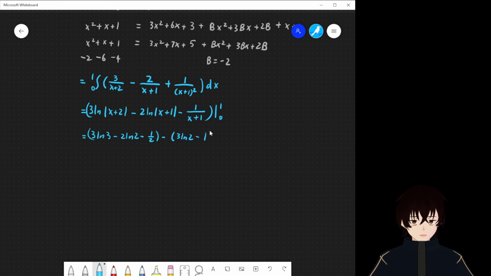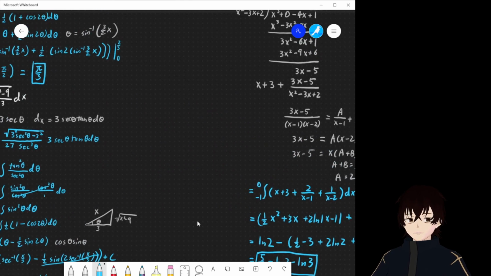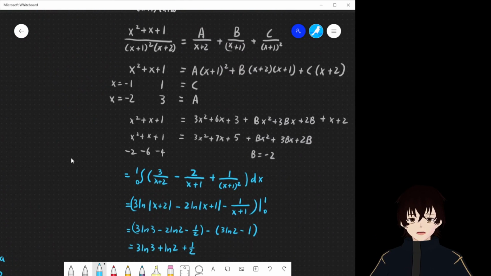And 1 over 1 is 1. So that would be 3 natural log 3 plus natural log 2 plus 1/2. What number is this? Number 19.